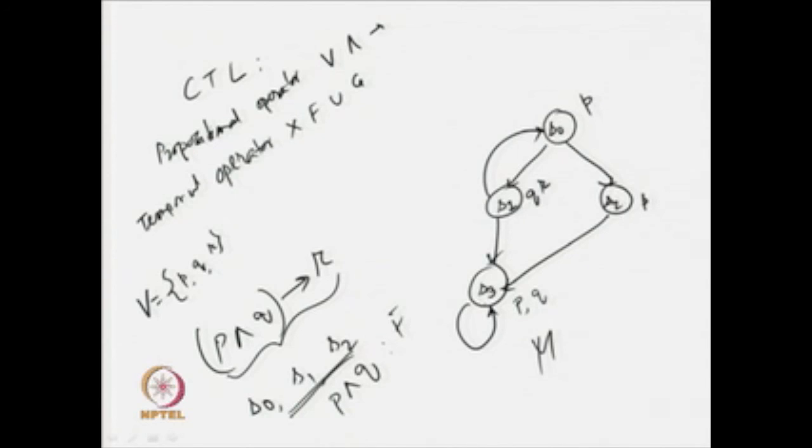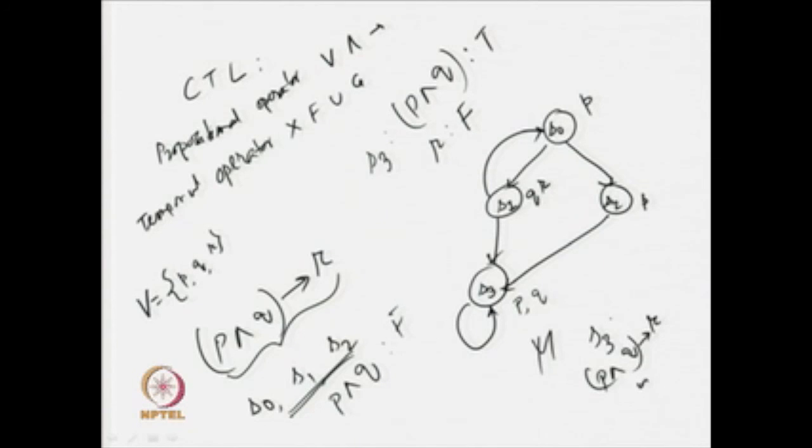Now, when you come to state S3, you will find that P and Q is true. But what is the status of R? You will find that R is false. So, true implies false, which is false. So, in state S3 the given formula P and Q implies R is false, because P and Q is true but R is false.